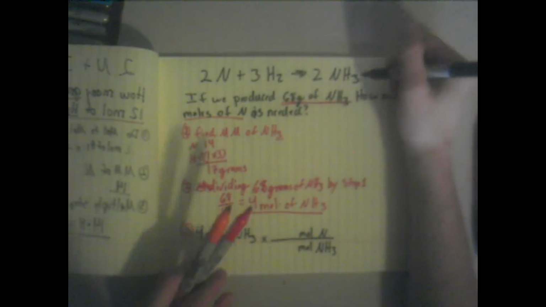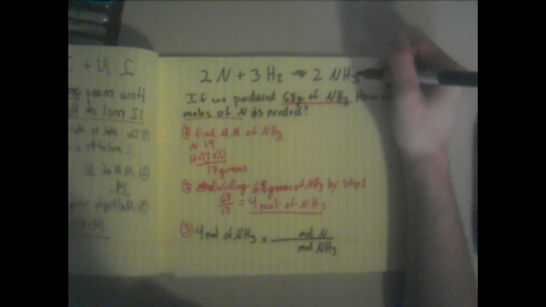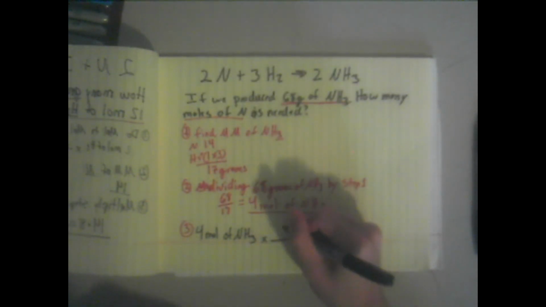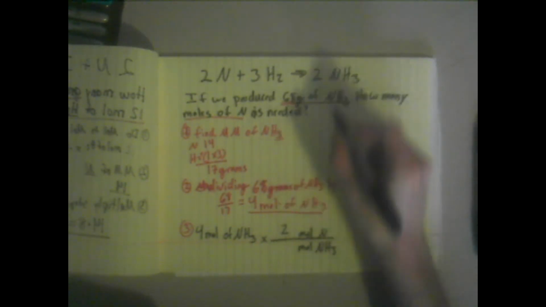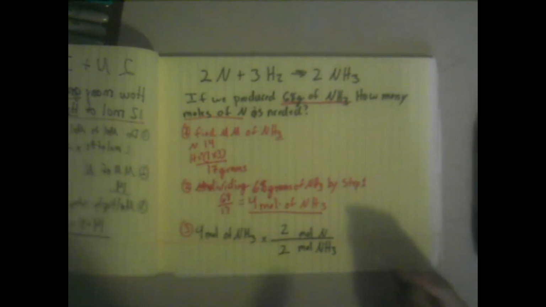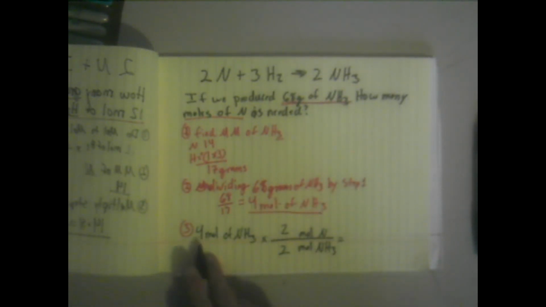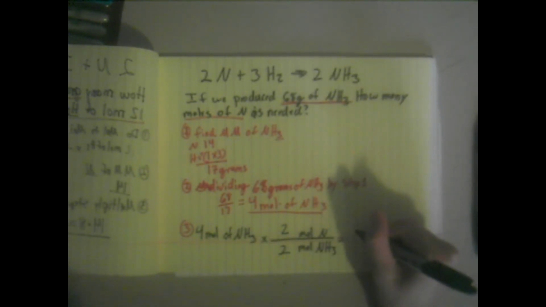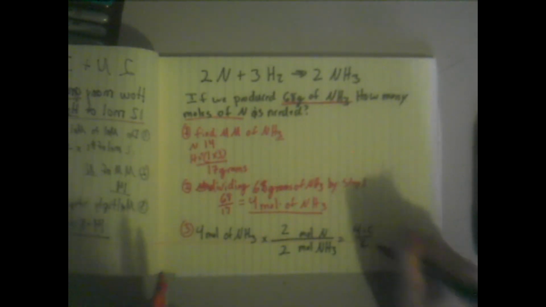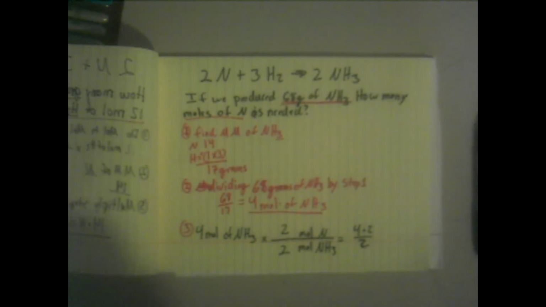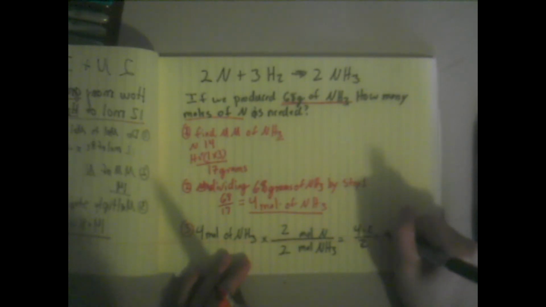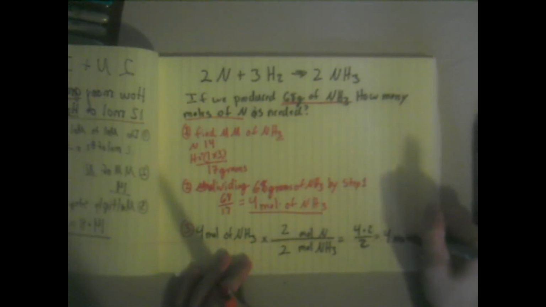So looking back at our equation up here, how many moles of nitrogen are we starting with? Well, we're starting with 2. How many moles of NH3? Well, that is 2 as well. So we're going to be doing 4 times 2 divided by 2. Now if you do that on the calculator, 4 times 2 divided by 2 gives you 4 moles of nitrogen.